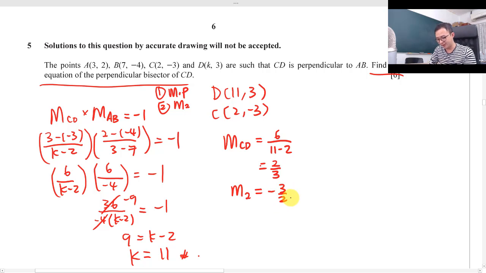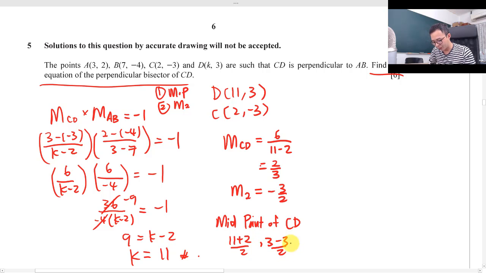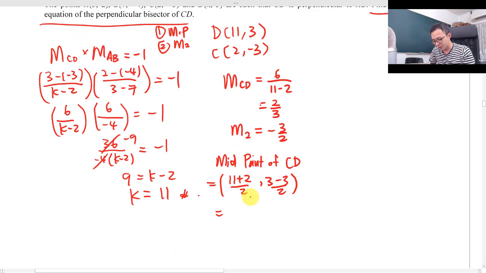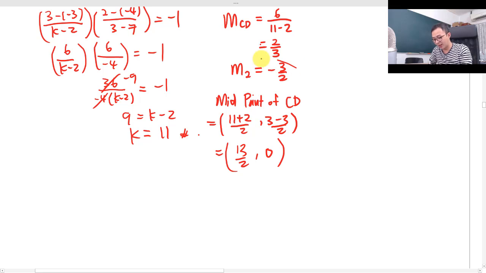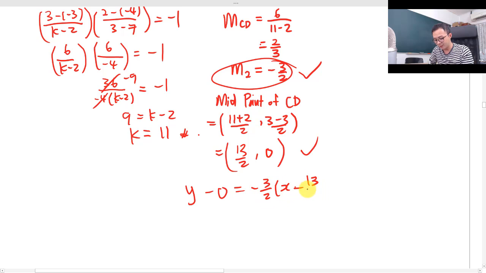Then the next thing I need to find is the midpoint of CD. It's basically x plus x over 2 and y plus y over 2. I will just solve like normal. So this is 13 over 2, and this is 0. Then I can form the equation easily using my m2 and my coordinates. So y minus 0 equals negative 3 over 2, x minus 13 over 2.